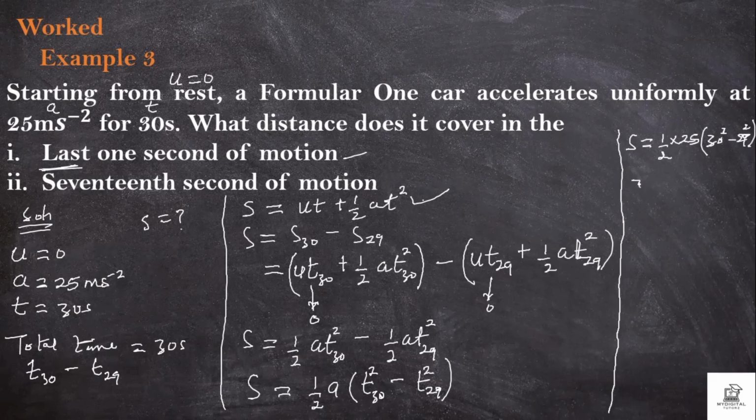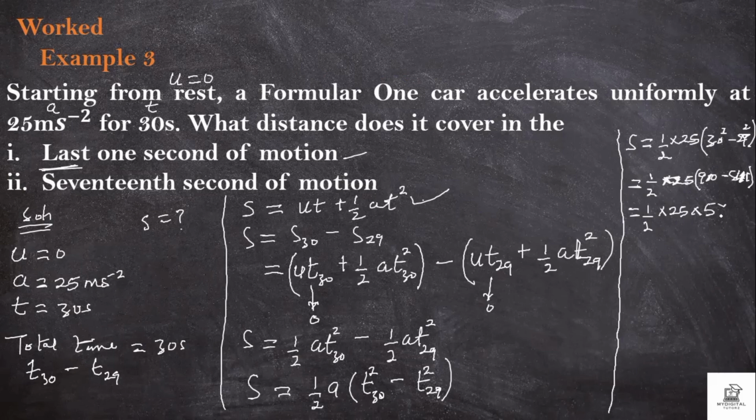So this will be equal to 1 over 2 multiplied by 25 into bracket 30 squared, that gives us 900, minus 29 squared, that gives us 841. So I can have it equal to 1 over 2 multiplied by 25 multiplied by 900 minus 841, which gives us 59.